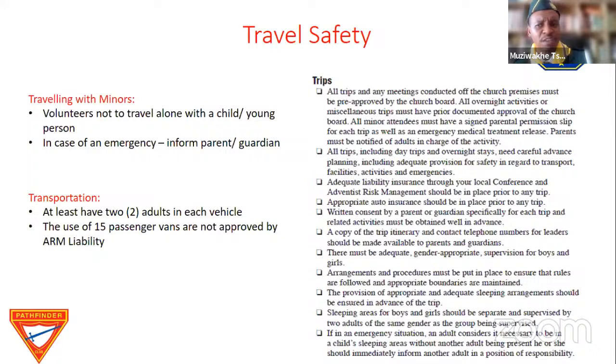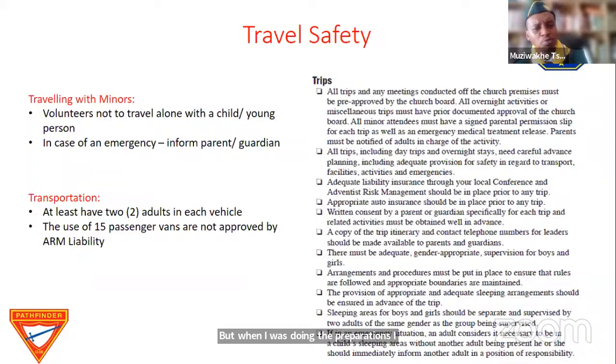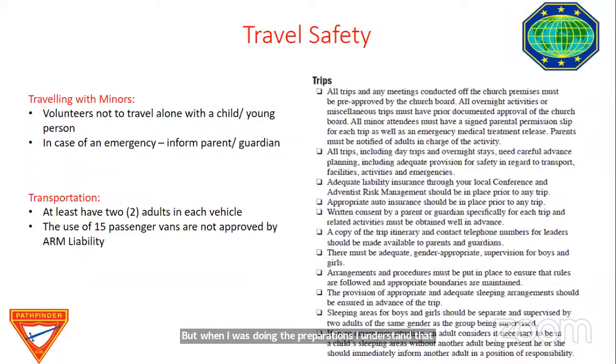These are some of the vehicles that have been converted to carry passengers, and they may not even be appropriately approved. And I'm sure there might be another leader who understands this much more clearly when it comes to transport. But when I was doing the preparations, I understand that it refers to those passenger vans.